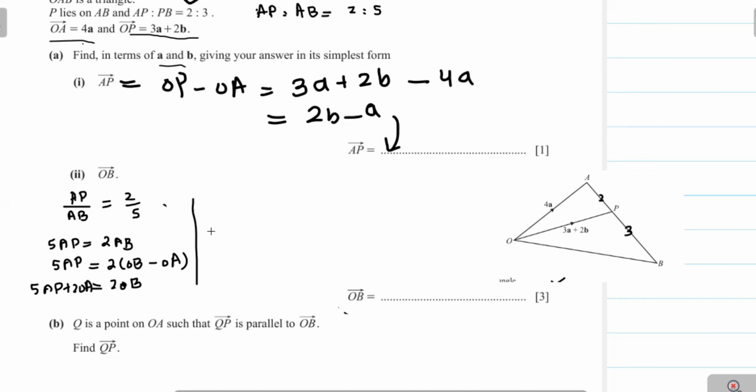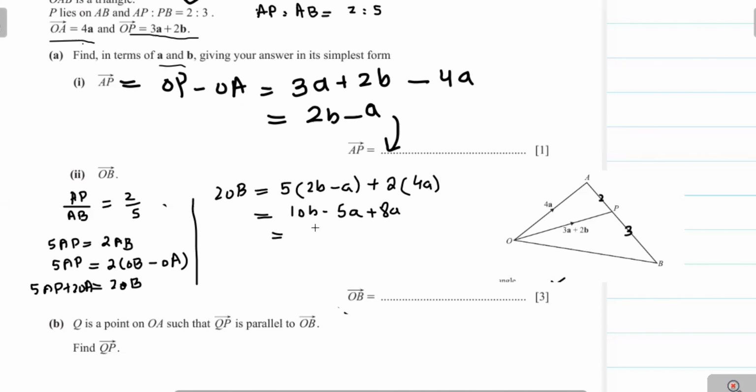Now 2 OB will be equal to 5 AP. The AP value here is 2B minus A, plus 2 times OA. OA here is 4A. Now we can write 10B minus 5A plus 8A.